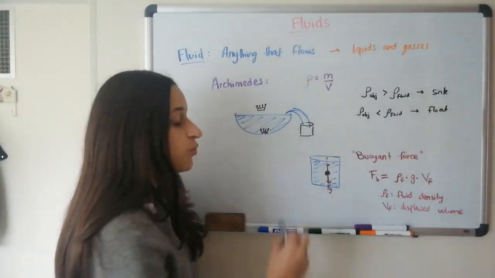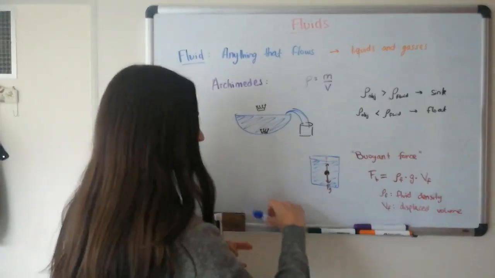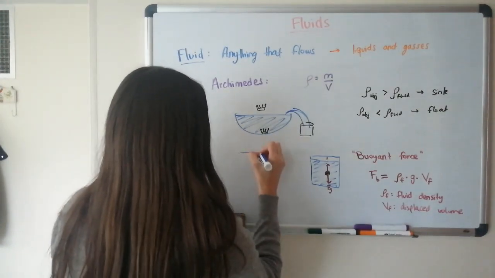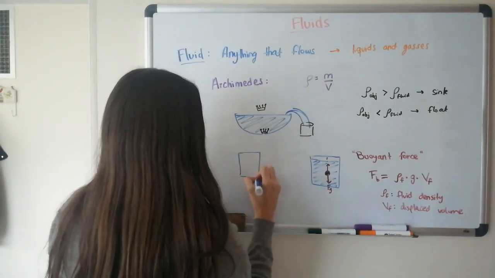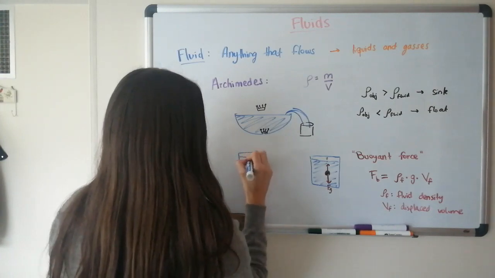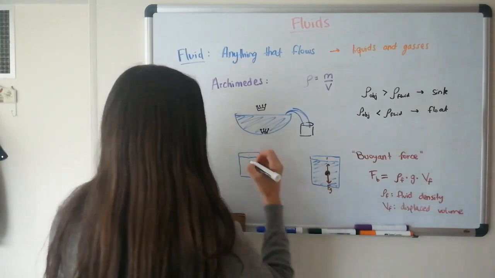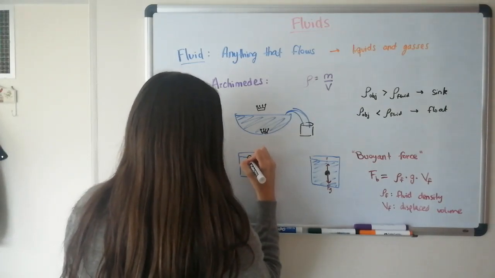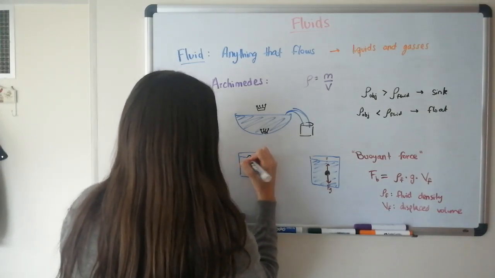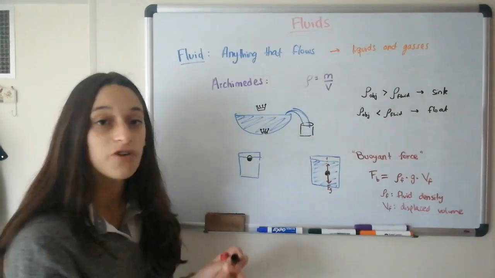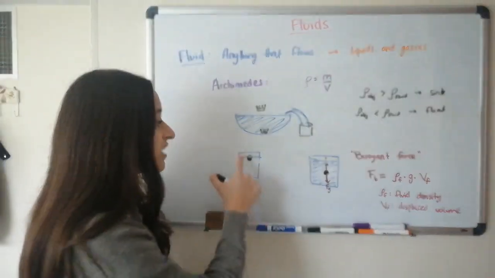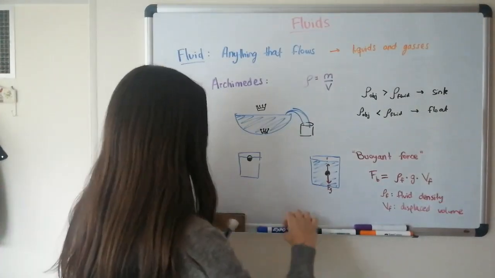But careful here. What if the ball is only half submerged? Let's say we have a ball that is lighter, maybe made of wood, and the water is until here. Because it floats, only half of the ball is submerged underneath the water. So the volume of water displaced is only half of the ball's volume.